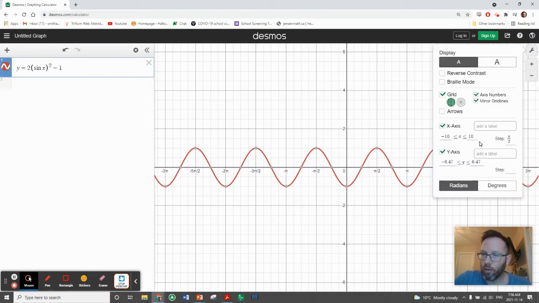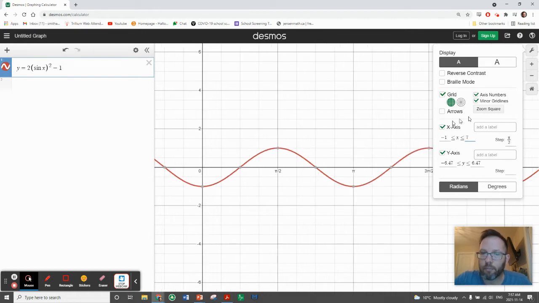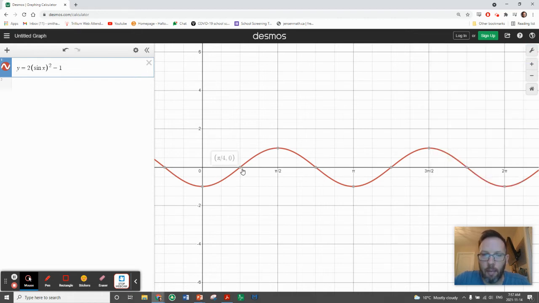I might just change my settings here, let's go from -1 to 2 pi to 7. And we can see pi by 4, 3 pi by 4, 5 pi by 4, 7 pi by 4 on the interval from 0 to 2 pi. So that's great.